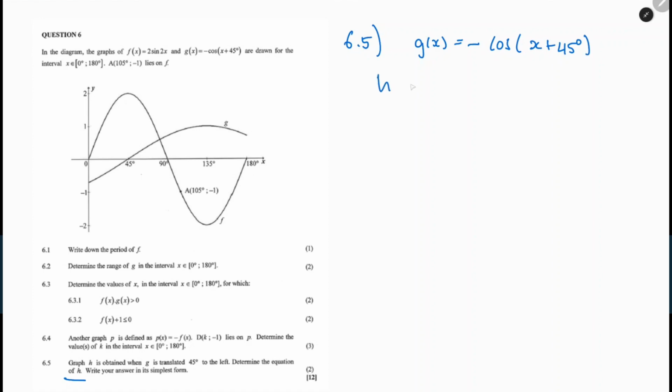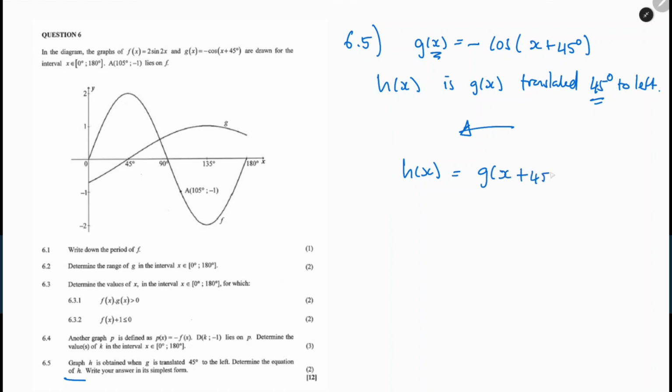So H of x is G of x translated 45 to the left. When we're shifting to the left, whatever's inside the bracket here, we must add 45 degrees. So therefore, H of x is equal to G of x plus 45.